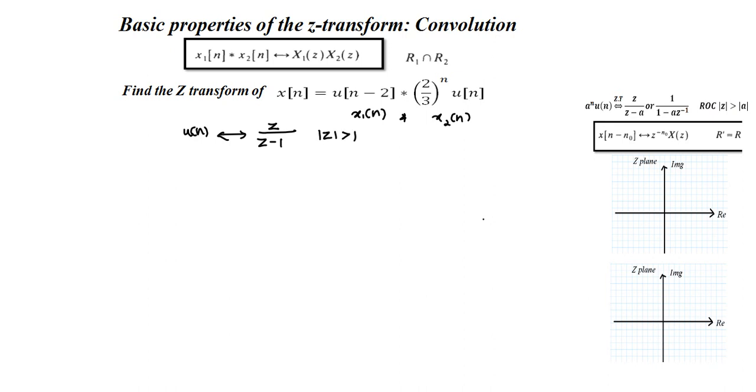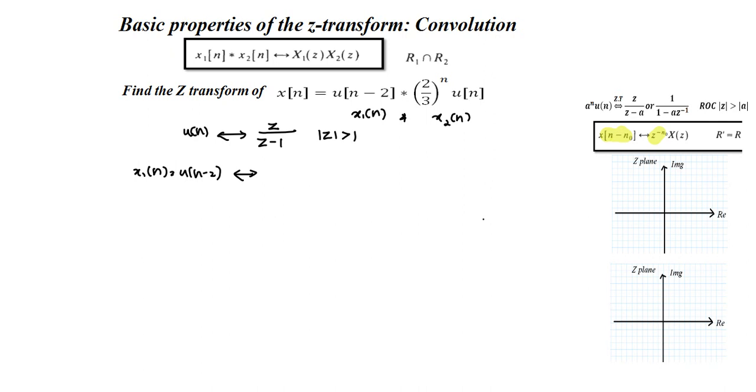Now the signal x1 of n is simply the shifted version of u of n, so we use the time shifting property. If a signal is shifted by n0 units, then the transform is multiplied by Z raised to minus n0.